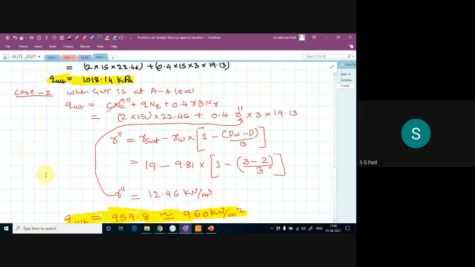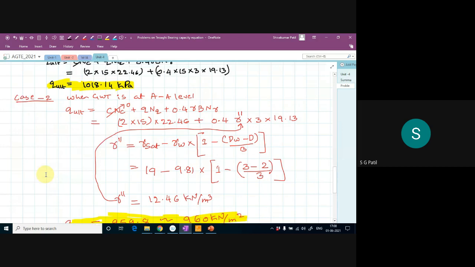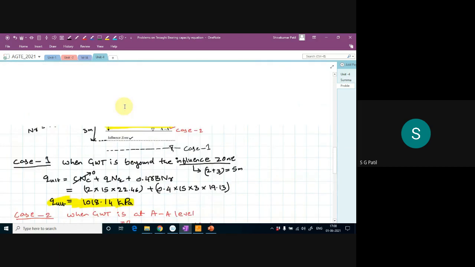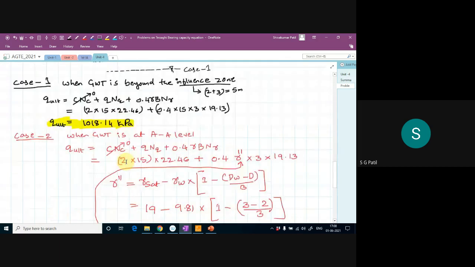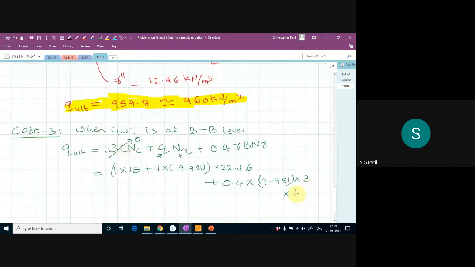Into N_gamma. N_gamma is 19.13. Tell me how much Q ultimate. 3,307? How much? Sorry? 3,307.